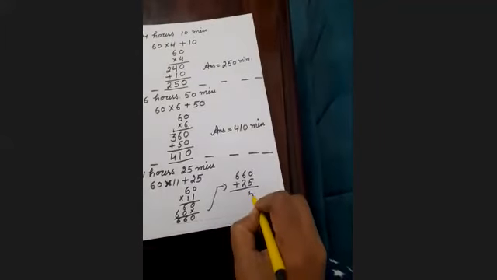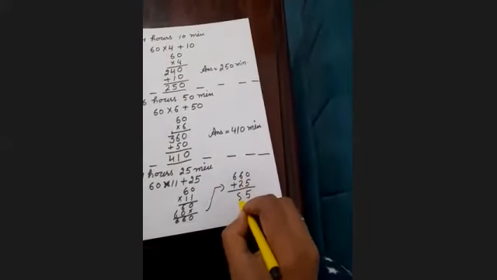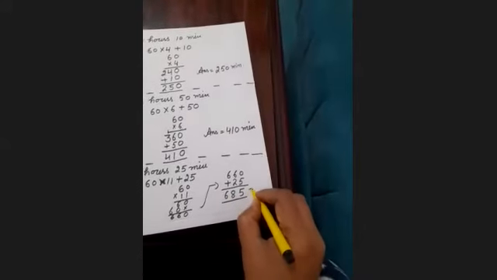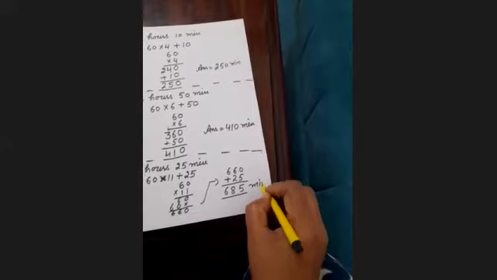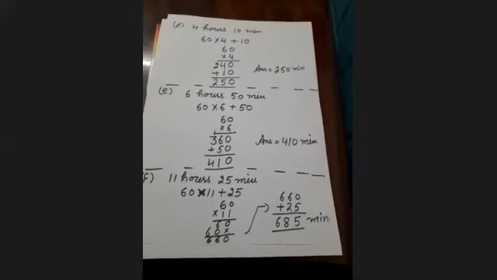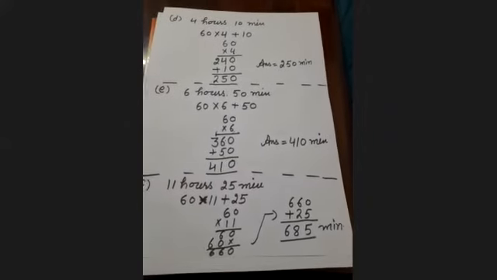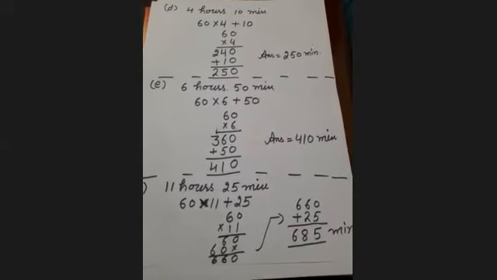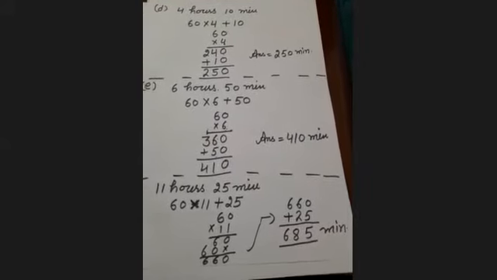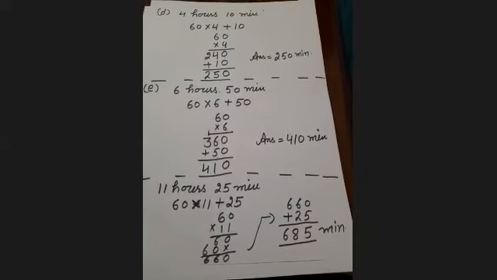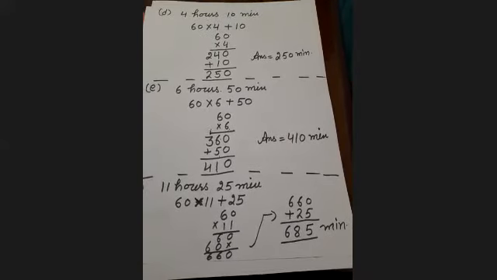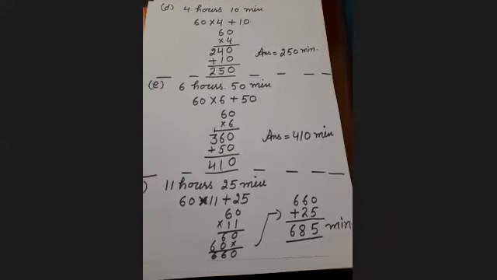Now 5, 6 plus 2, 8. So we'll get 685 minutes. Clear, students? So in 11 hours 25 minutes, we have 685 minutes. Clear, students?